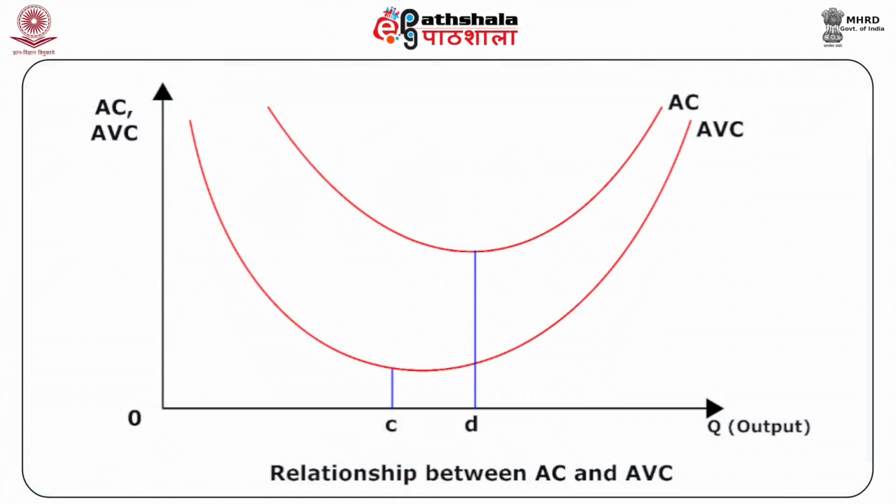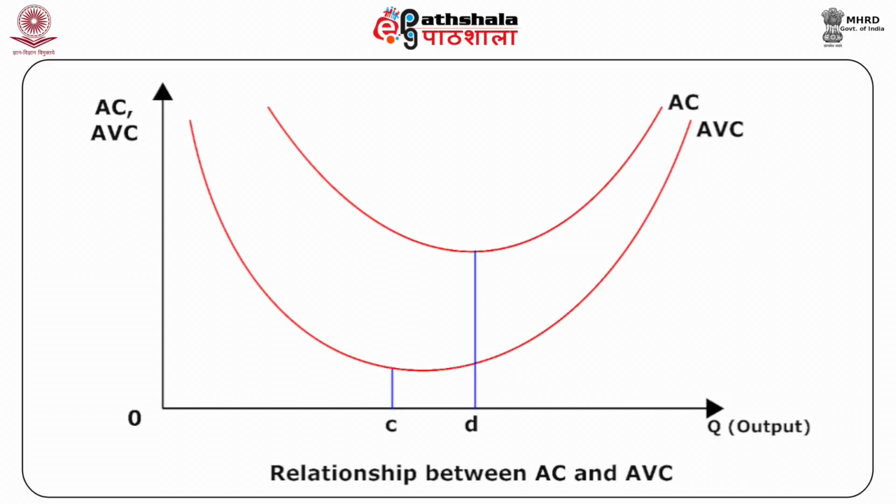Both AC and AVC are U-shaped because of the operation of the law of variable proportions. What you see is that the minimum point of AC is point D, whereas the minimum point of AVC is point C. This is because AC comprises AVC and AFC, and both are falling initially with the rise of the level of output.